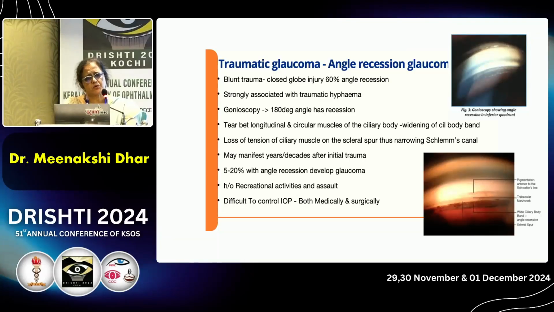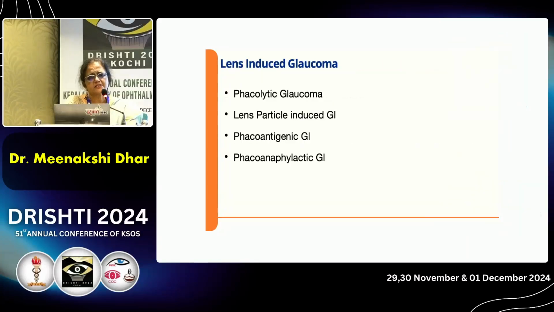So when one does the gonioscopy, one realizes the classical features of the angle recession. I'll just take 1 or 2 minutes. That happens because of the tear between the longitudinal and circular muscles of the ciliary body, and 5 to 20% of these patients end up with glaucoma, and it's difficult to control it both medically and surgically.